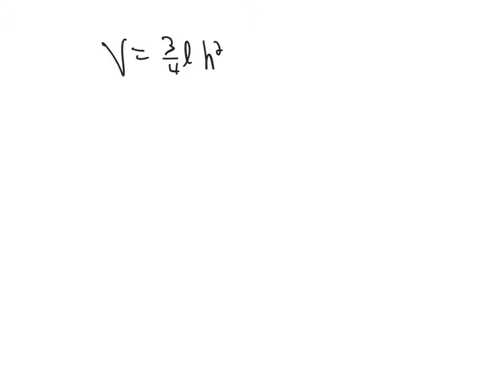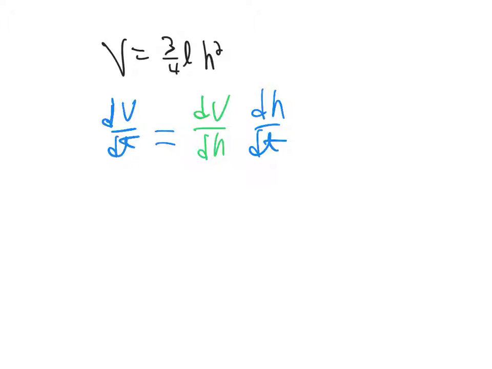And what we wanted was dV/dt, which is going to be a chain rule of dV/dh times dh/dt. And looking at this up here, dV/dh is 3/4 times L times 2h. So we have something like this.